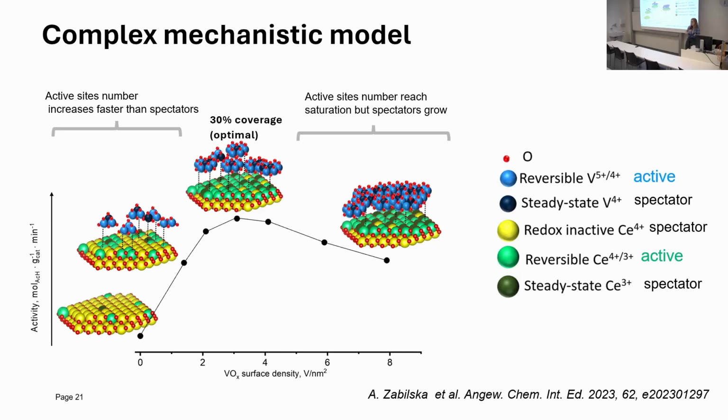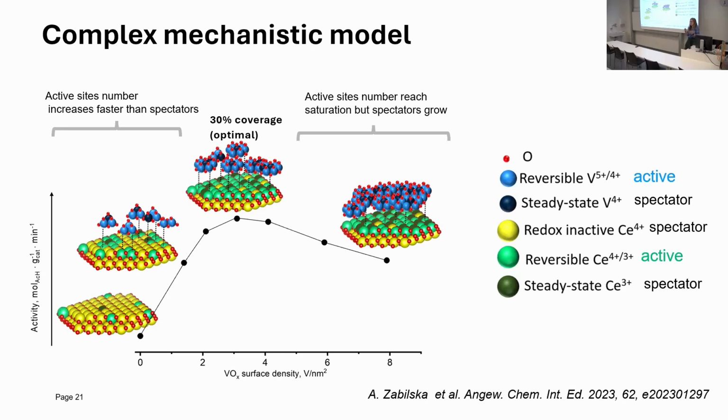And once we did it on titania, we got something completely different from what we got on ceria. So this extrapolation often does not work so simply. The strength of these techniques is that you can really look at it and check for yourself.